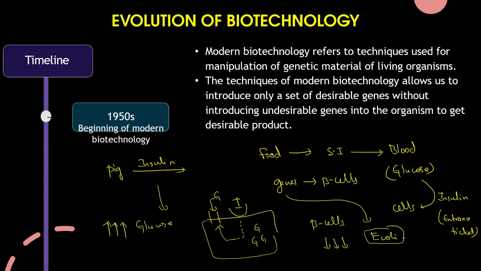So whenever E. coli makes proteins, it also makes the protein insulin. And we filter this insulin and give it to humans. As it is made from our own DNA, our body accepts it without any rejection, without showing any adverse reactions. Understood? Is that clear?